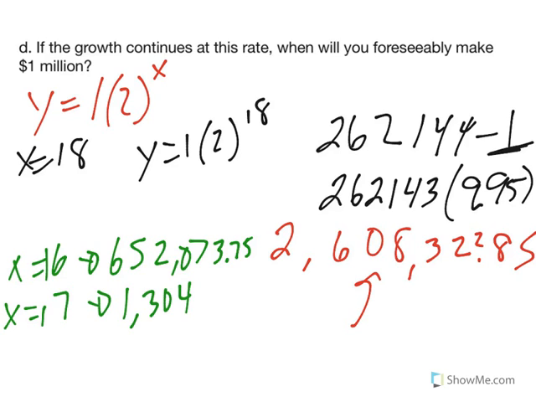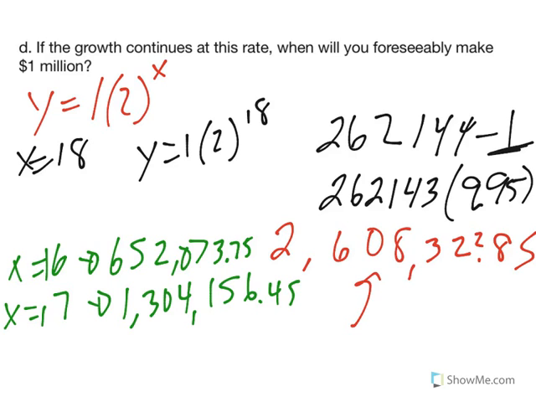I hate it when that happens. 2 raised to the 17th power. So there you can see between months 16 and 17, you are going to hit your $1 million mark.